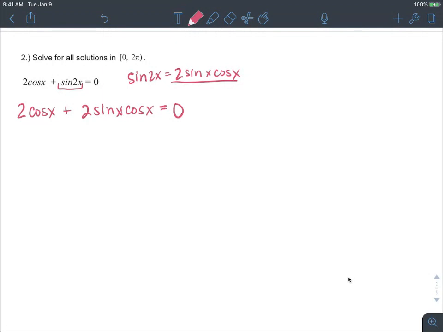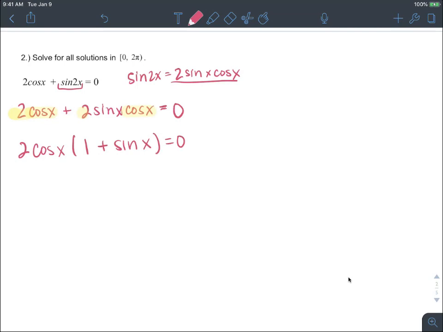All right, and now this is better even though I have more than one trig function, because I can see that I have a greatest common factor. So I'm going to factor out the cosine of x, and I'm also going to factor out the 2. Okay, so times 1 plus the sine of x is equal to 0.